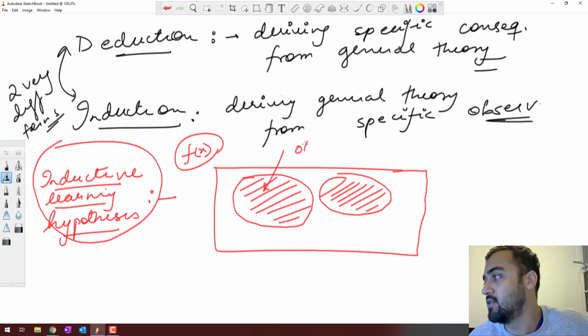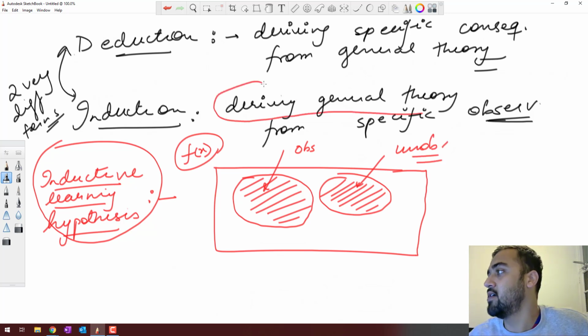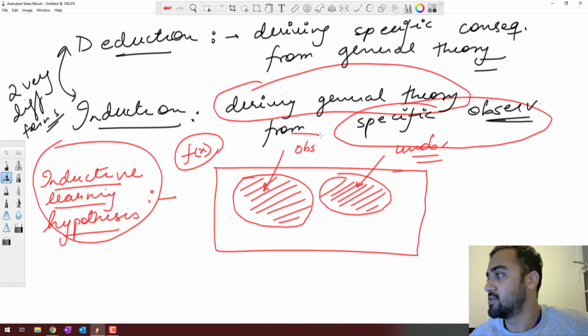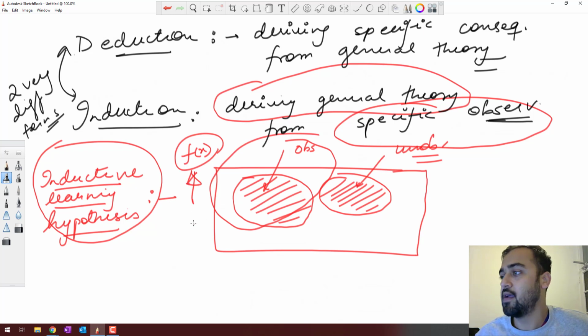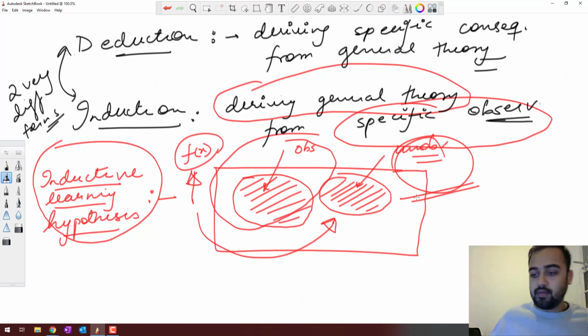Let's say this is observed, this is unobserved. Therefore, we are deriving general theory from specific observations. We observe this and we generalize that this function will fit over this unobserved data really well too, right?